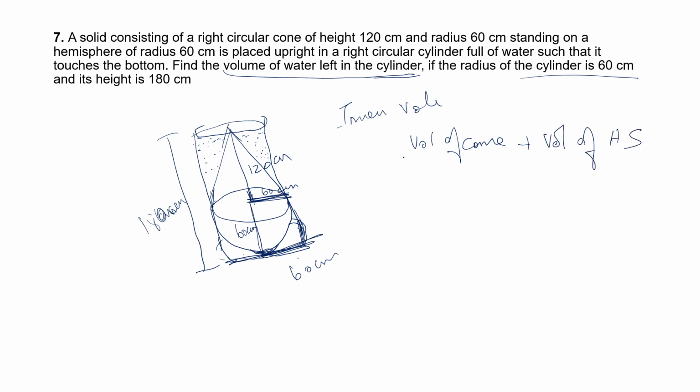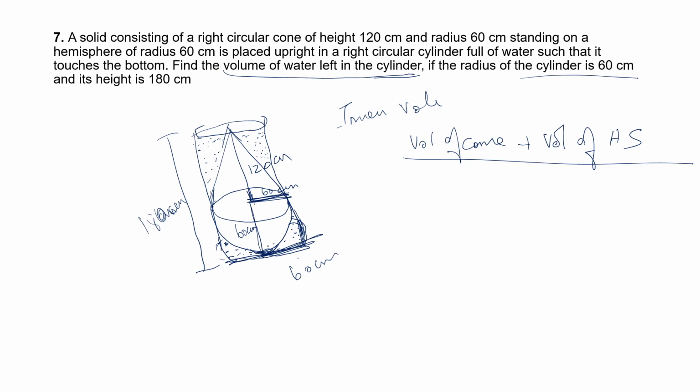This is the inner volume. If we find the volume of this and subtract it, the water is only outside the cone area. This is a closed object now, so water is only outside this.